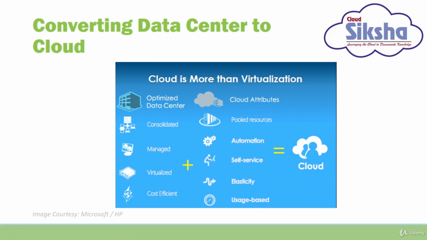So a data center is generally consolidated, it is managed, it is virtualized. Most of the data centers nowadays are virtualized in the sense that storage is virtualized, you have virtual machines running in your data center, and they try to make the data center as cost efficient as possible. So that's a data center.